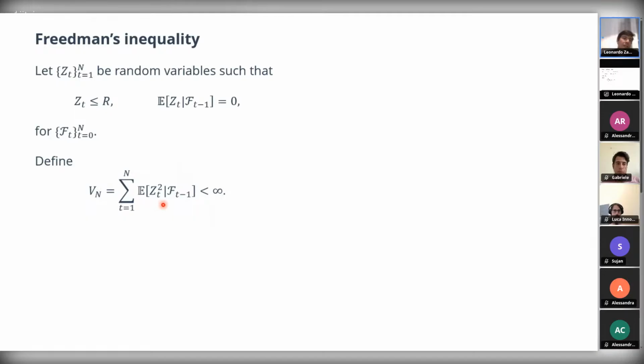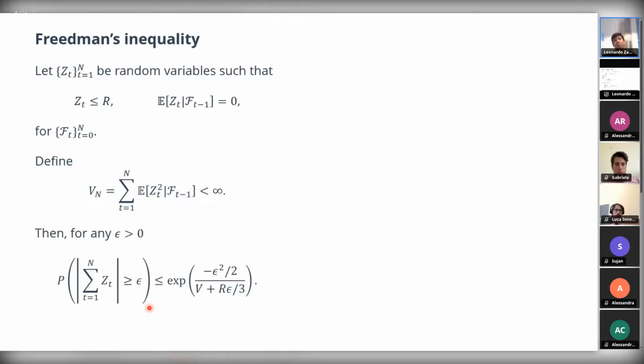You can think about it as just the variance of the process. And then we get an exponential tail bound that looks exactly like a standard IID bound, just replacing these averages and variances by these new quantities. So this says that if we sum all the errors, the probability of this sum being large will be small.